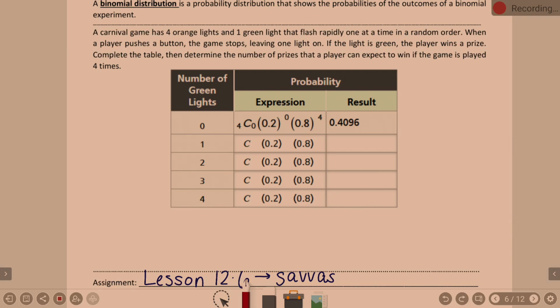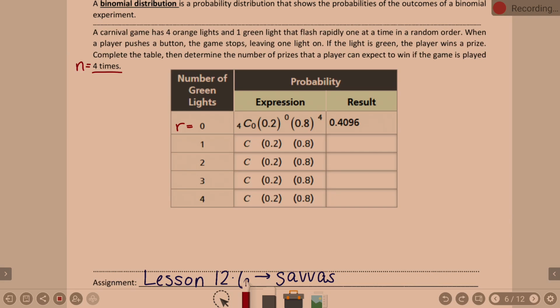So number of green lights, this is going to be your R value. We're playing the game 4 times, so this is your N value. Now, you see a 0.2 filled in there. That's saying there's a 0.2 chance that you get a green light. Why is there a 0.2 chance?